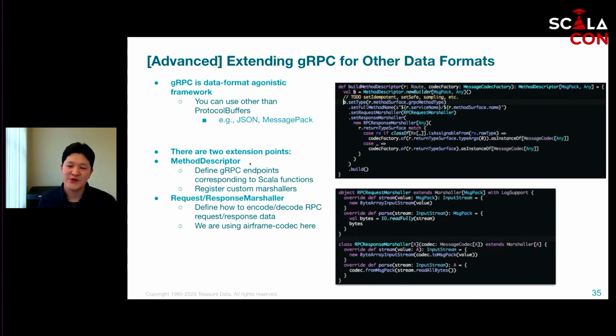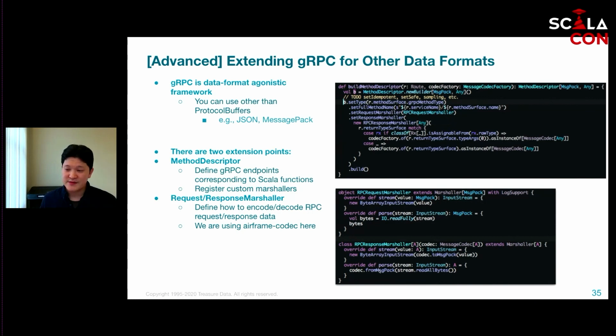You need to provide your own method descriptor, which defines gRPC endpoints corresponding to your Scala functions, or you need to register your custom data marshallers. Marshallers are actually encoding and decoding your HTTP request and responses. In Airframe RPC, we are embedding Airframe codec here.